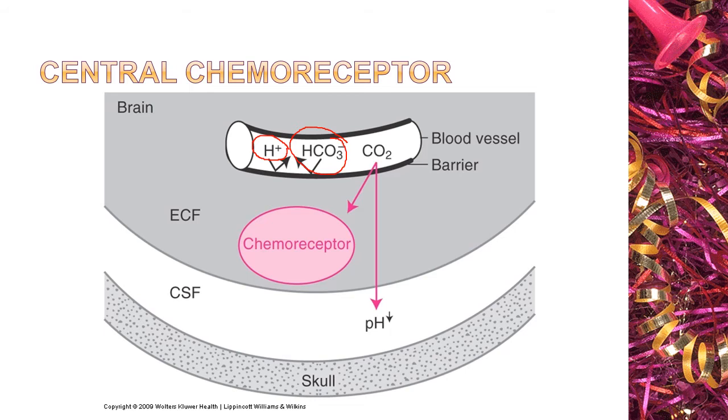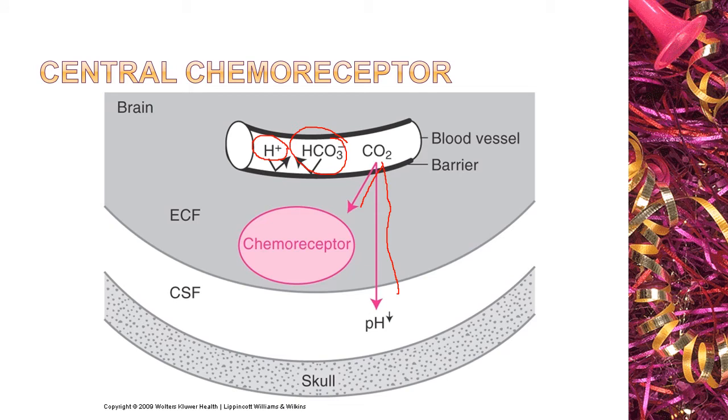And remember, again, it is unstable, therefore it quickly dissociates back into carbon dioxide and water. And we know that gas can diffuse easily. So when carbon dioxide forms, it can now diffuse out.